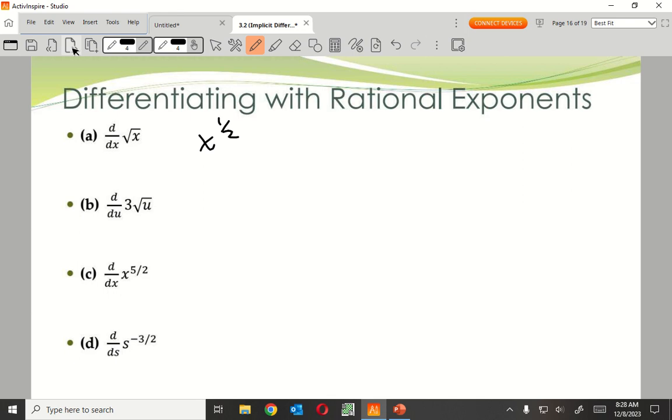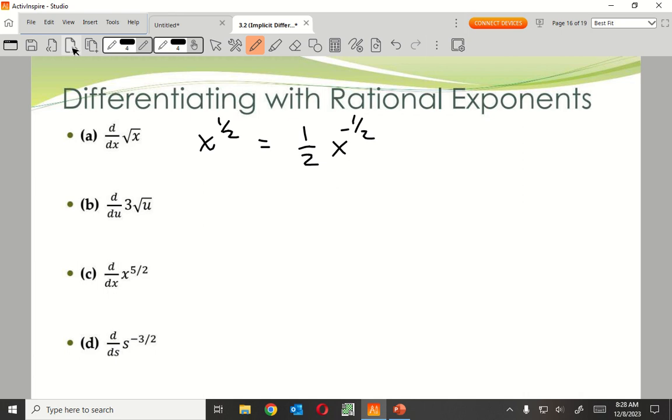Yeah. I subtract 2 over 2, so this is going to give me 1/2 x to the negative 1/2. And if I want to rewrite that, the negative 1/2 would go to the denominator, right? Yeah. Okay. So I'm happy with that one there.